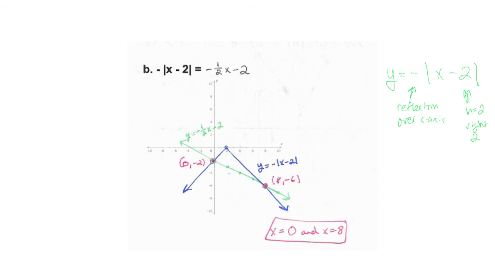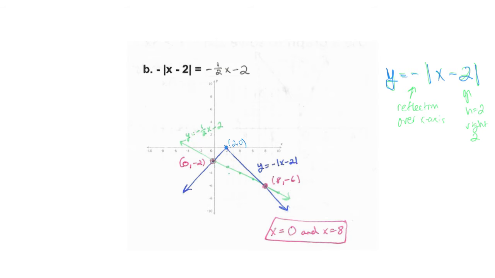This should be blue to match that graph. Sorry about that. Let's re-go over it. All right, so that blue one, you can see it flipped over, so the V is not going up anymore, it's going down, and then it's moved to the right 2, so your vertex is at, you can see it's at 2, 0, right, that vertex.